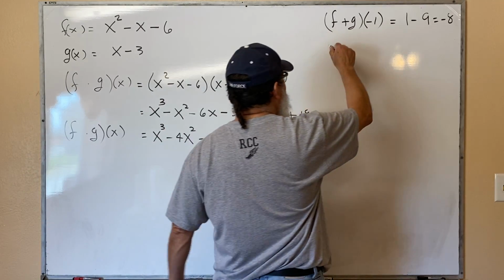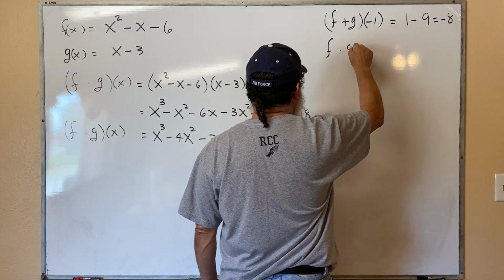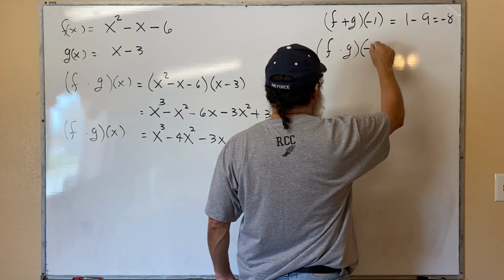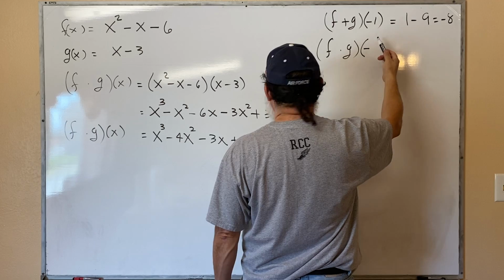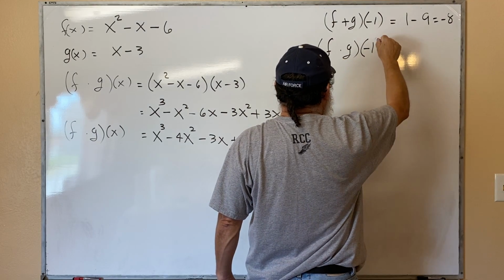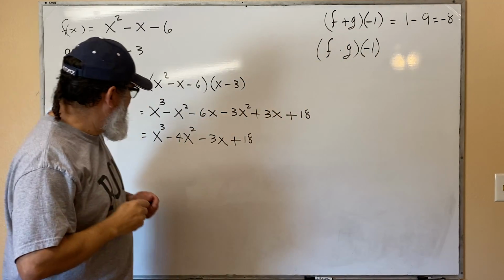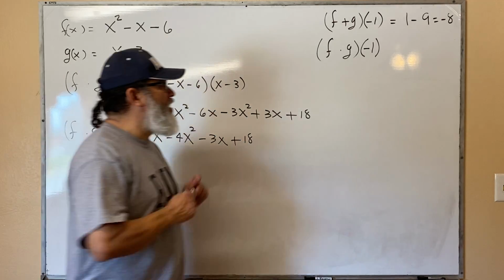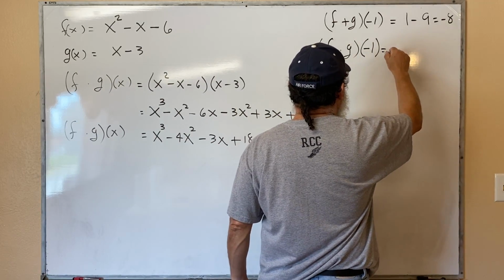Okay, so now that I have this, I can ask the following. What is f times g of -2? Let's say -1. -1 is easier. -1. Okay? All right. What's -1 cubed? That equals -1.